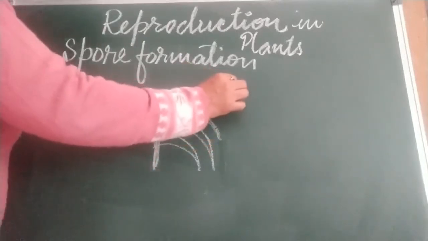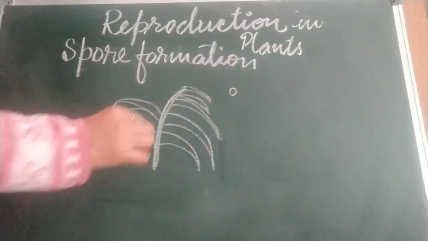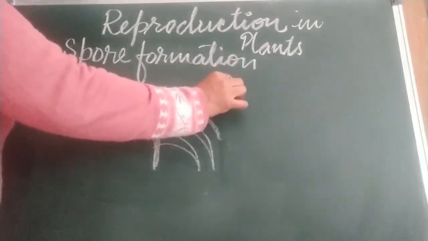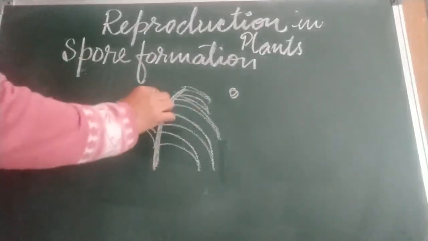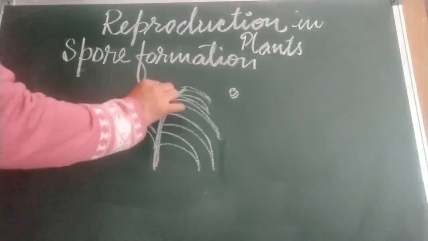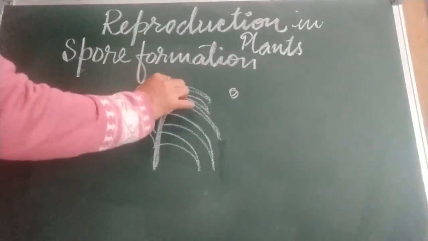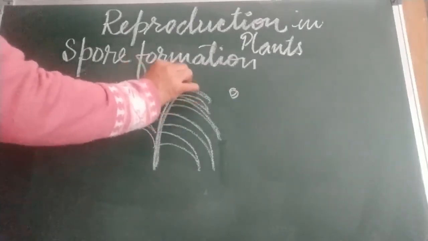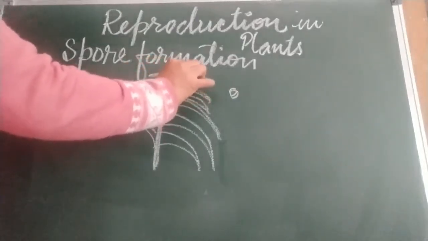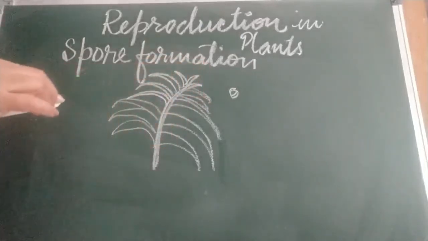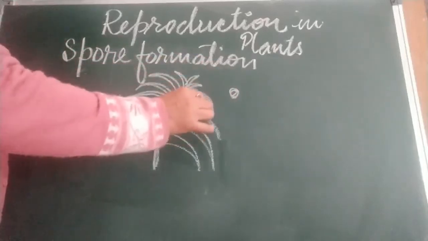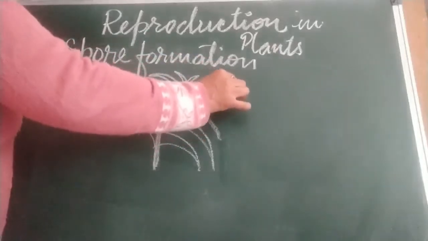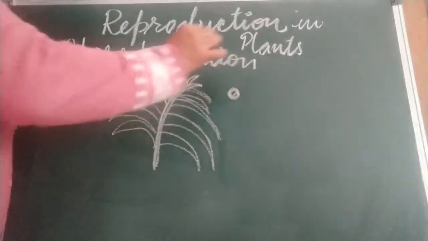What are spores? They are ball-like structures. Inside, there is a single cell, a single-celled structure, because we are studying asexual reproduction, covered by a thick covering.